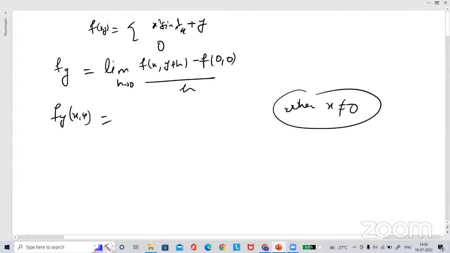If you do this, the x squared sine 1 by x term has no y, so it gives 0, and y gives 1. So it will be 1. Yes, this one was easy. It was the x one which was tough.